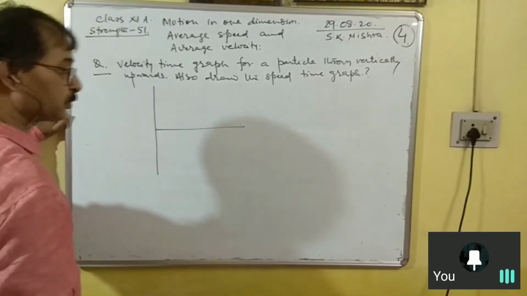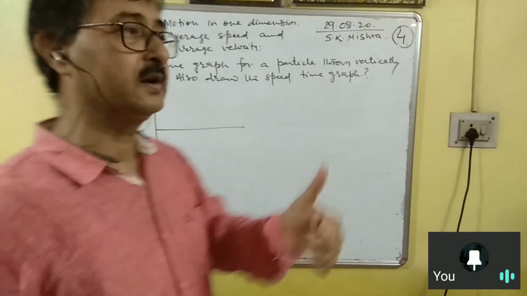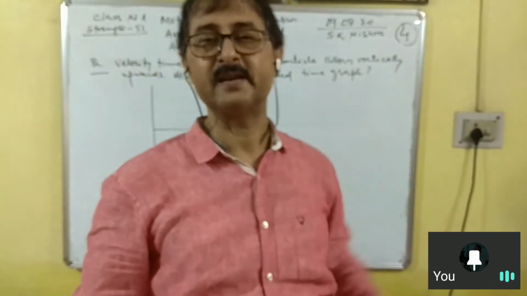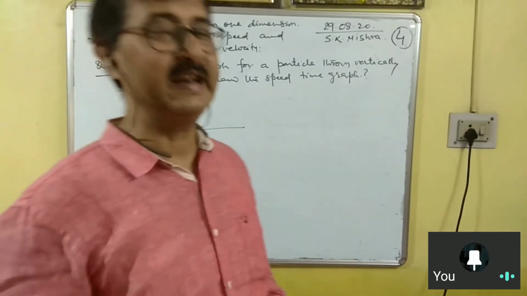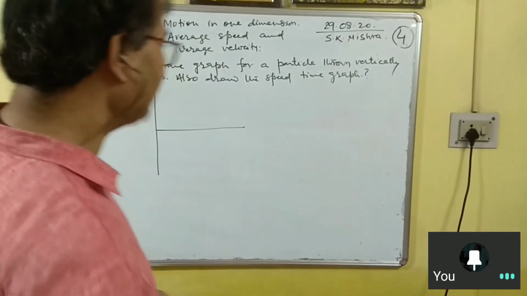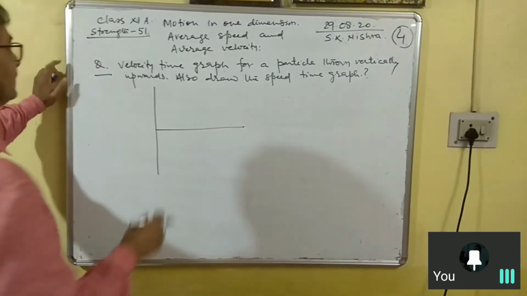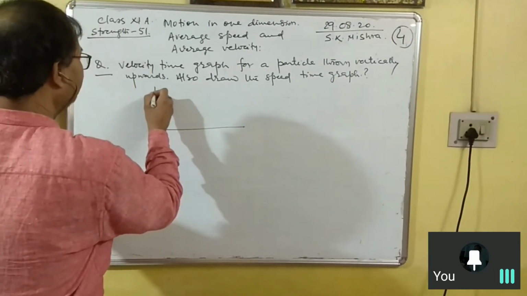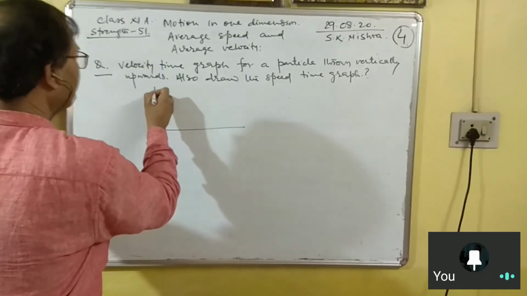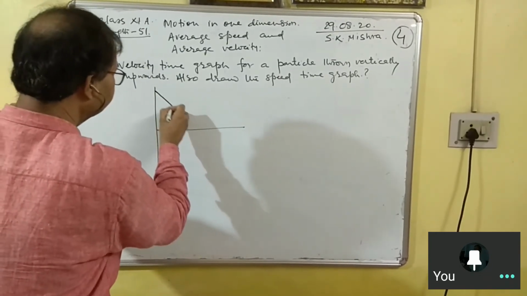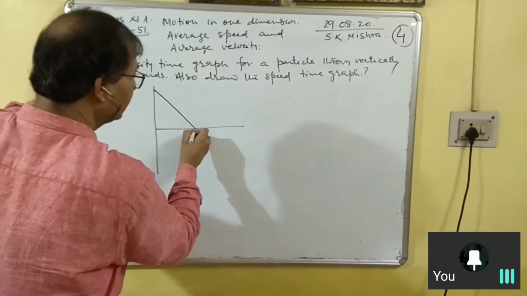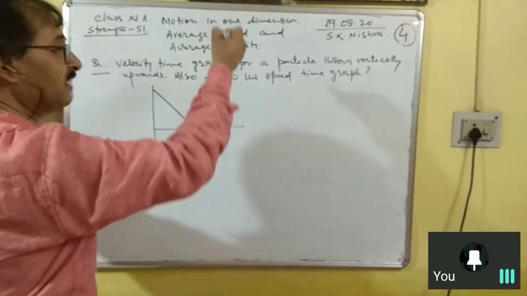Okay, if you throw a stone in vertically upward direction, its velocity goes on decreasing because the motion will be decelerated motion. I will tell you about acceleration and deceleration later on. But just now, you have thrown it with some initial velocity, and then velocity goes on decreasing. At highest point, it will be zero, and then it will start returning back.